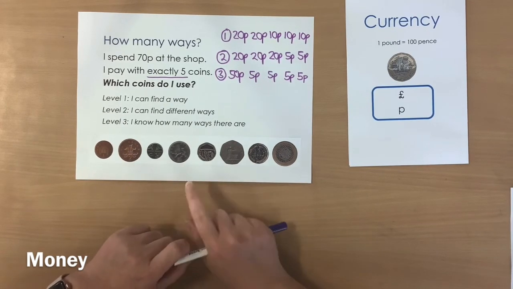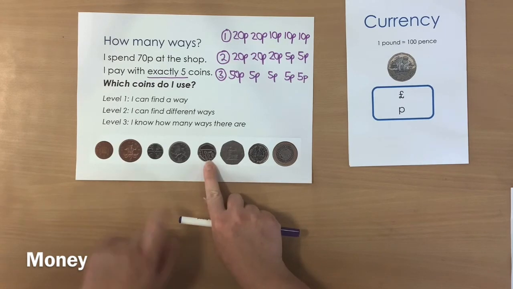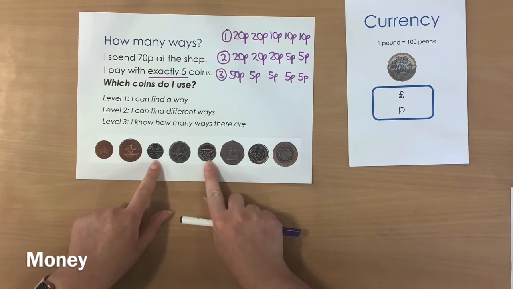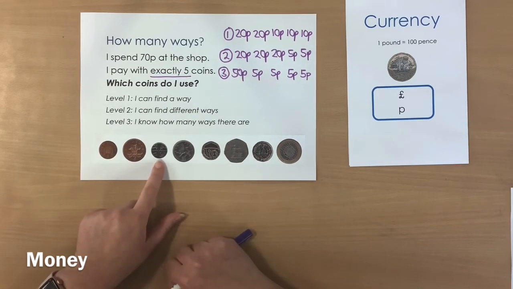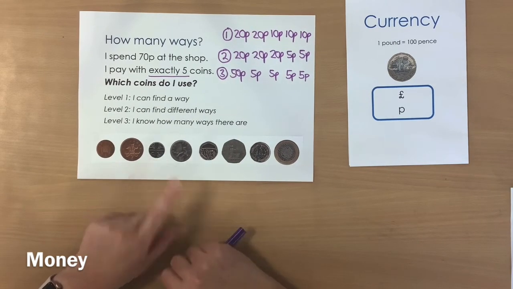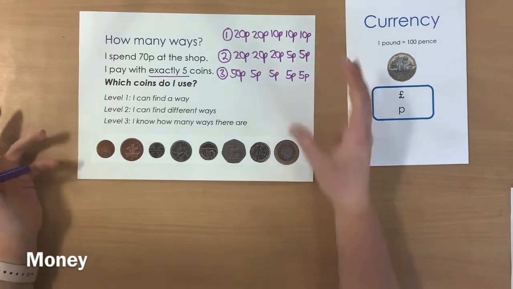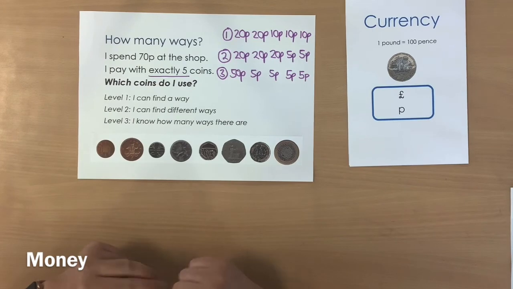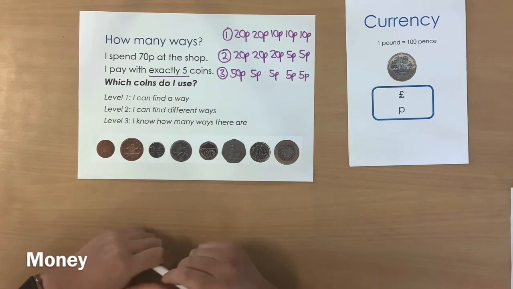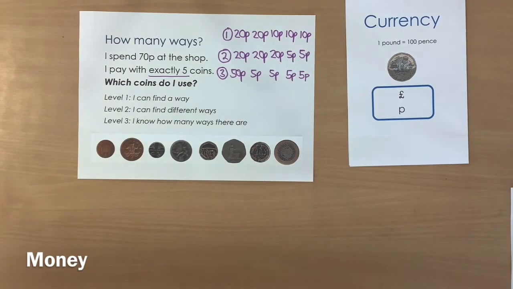My second way was using 3 20p's and 2 5p's. And then my third way was using a 50p and then 4 5p's. It doesn't mean that there's only 3. At the moment I've only gone to level 2. Please, if you find any more ways, then let us know.